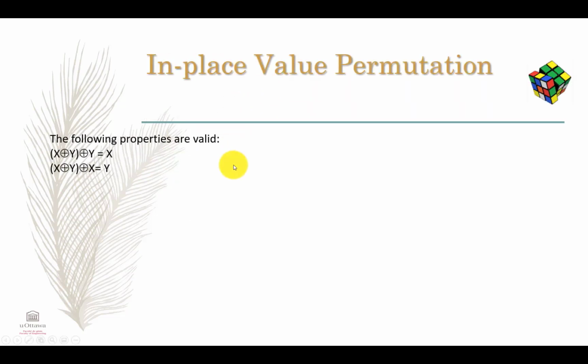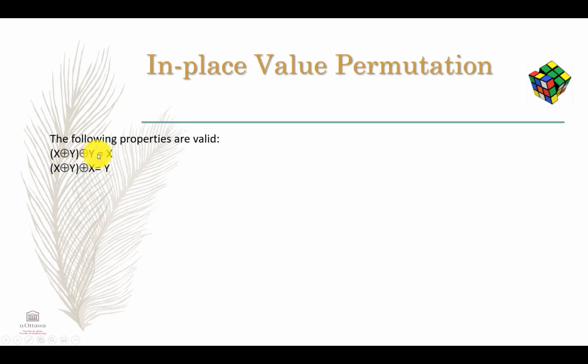Here guys, I would like to share with you an effective technique to get a variable by itself. So if you XOR the variable with another variable and then XOR the resultant with that variable again, you will get the first variable. Okay, so if I XOR x with y, then XOR the result with just y, what will happen?